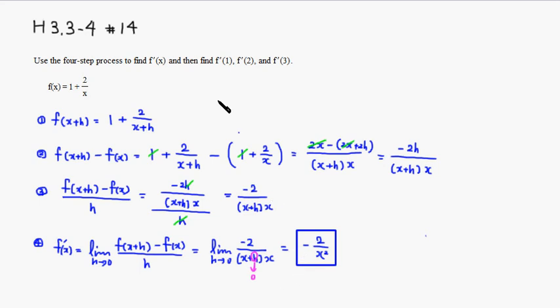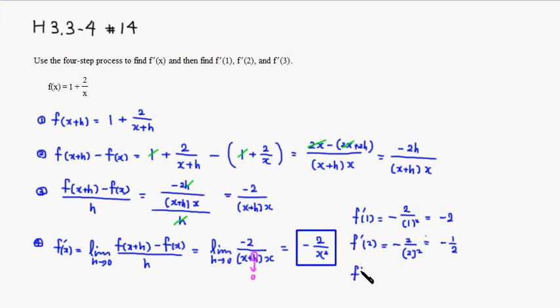Then if you want to find f prime of 1, f prime of 2, f prime of 3, all you have to do is plug it in. So f prime of 1 is going to be negative 2 over 1 squared, which is just negative 2. If you plug in 2, it's going to be negative 2 over 2 squared, which is negative 1/2.